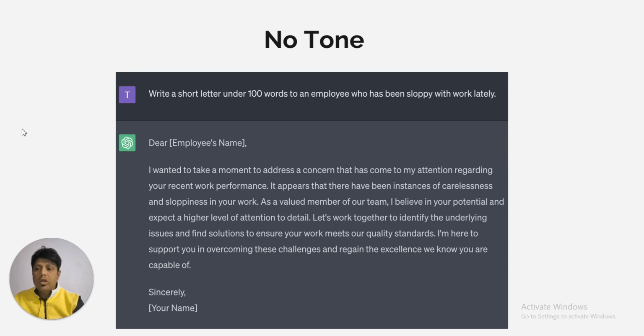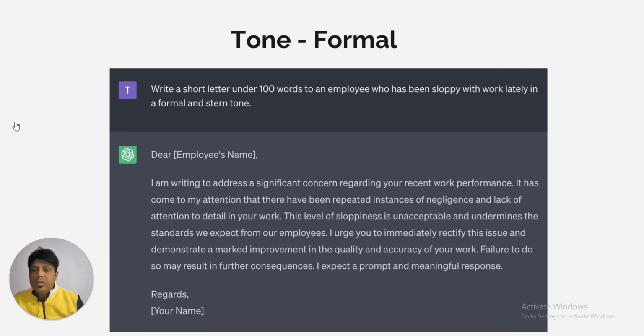Now, what if you want to add some tone? Let's say you want ChatGPT to generate the answer in a formal and stern tone. Then you can mention that. Now ChatGPT doesn't assume, and it can give you the answer in the tone which you want.